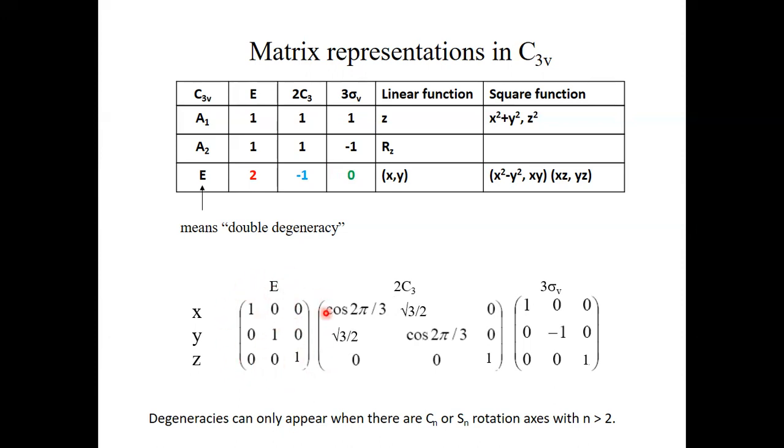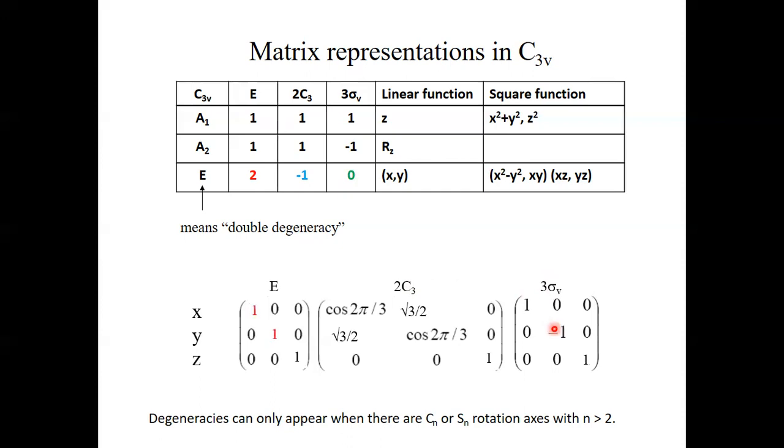You see here one of the two transformation matrices for the C3 symmetry operation. We could choose either one of the two. And you see here one of the transformation matrices for the sigma v symmetry operations. We could again choose any of the three; we have just chosen the most simple one.